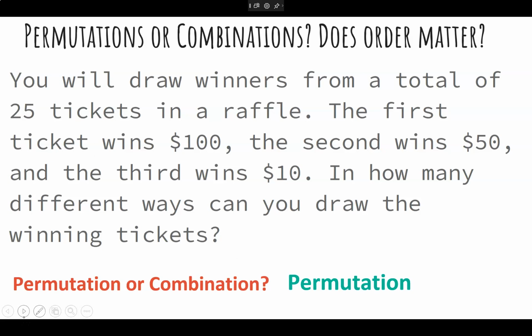Octavius, what is my N value? The N value would be 25. Good. Richmond, what's my R value? How many different drawings are we doing? 3, good.